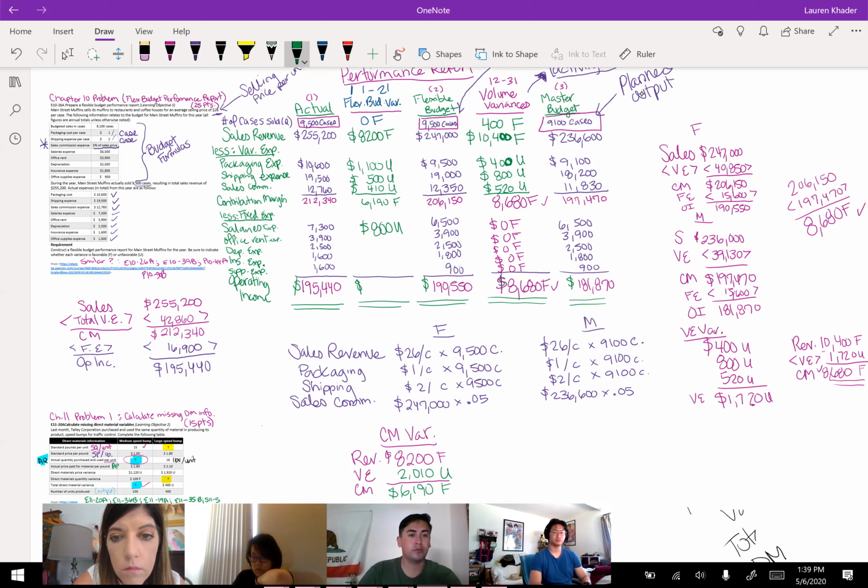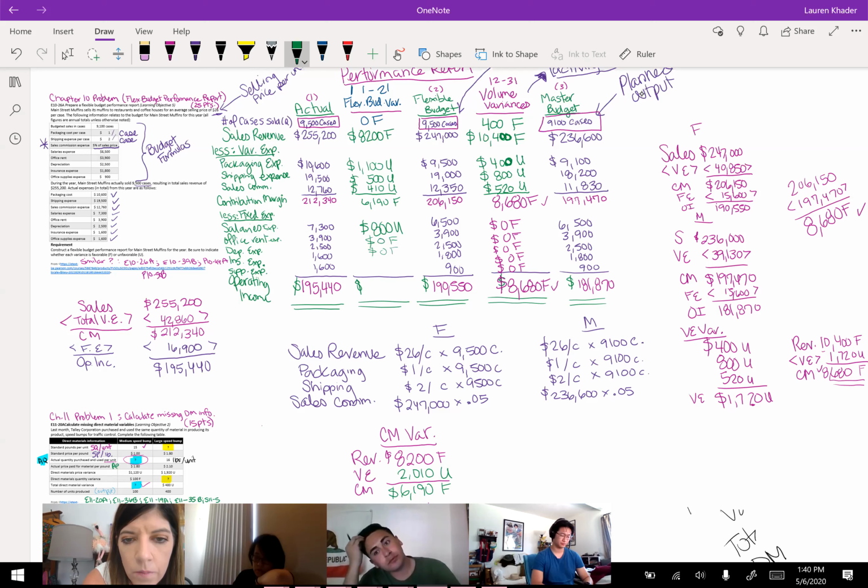Office rent, any variance? No. No, so you're still going to put 0 favorable. Depreciation expense, no variance, 0 favorable. Insurance expense went down. You were expecting 1,800, but it was actually 1,600. 200 favorable.